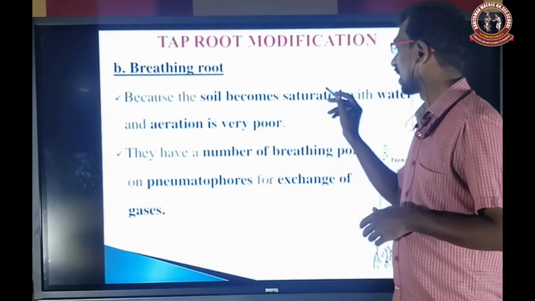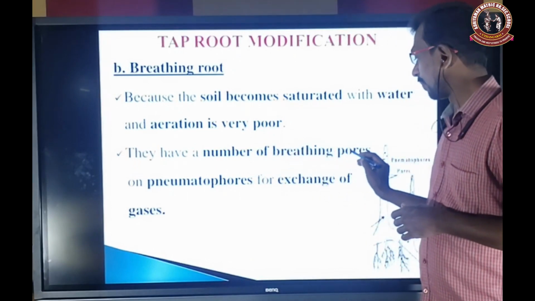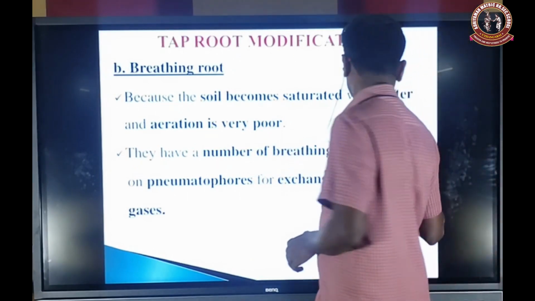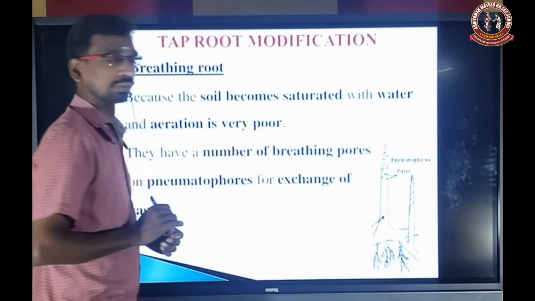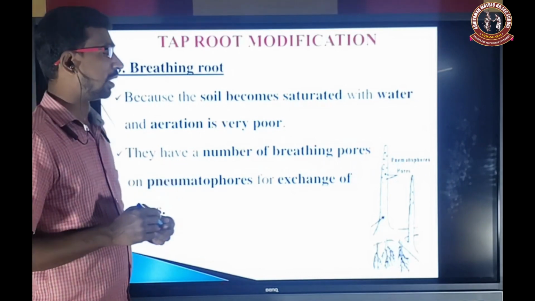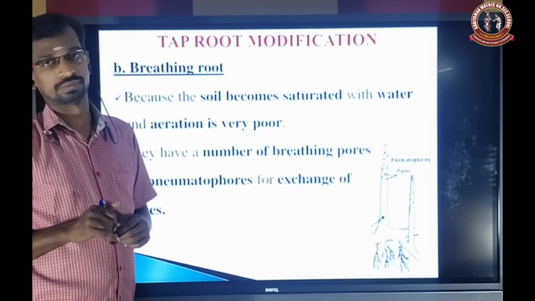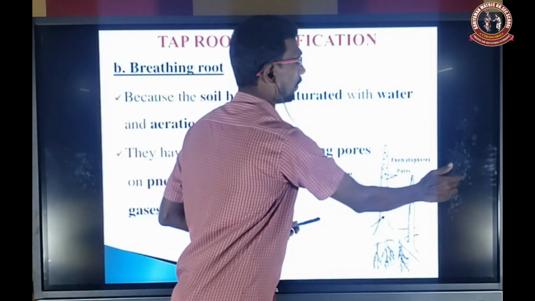Breathing roots have a number of pores called pneumatophores for exchange of gases. That is a breathing root.